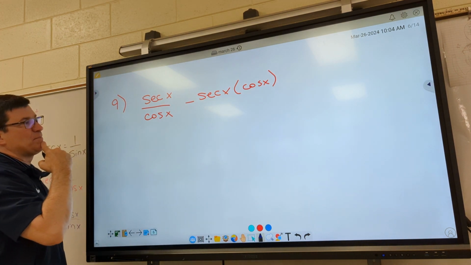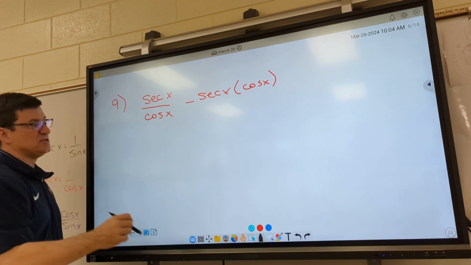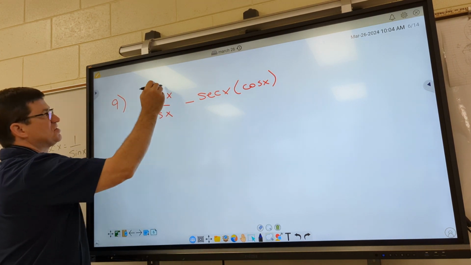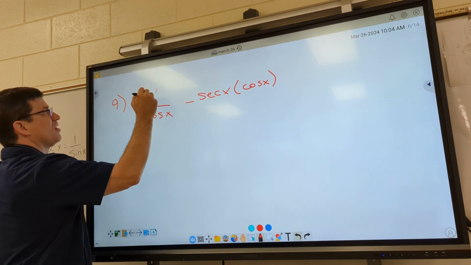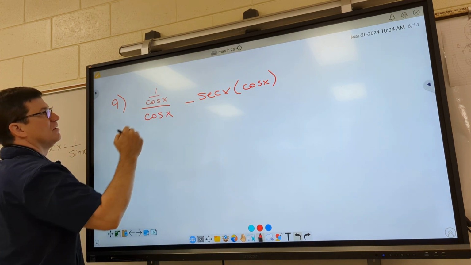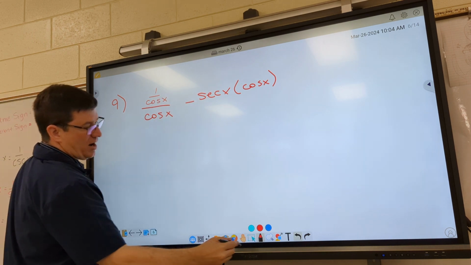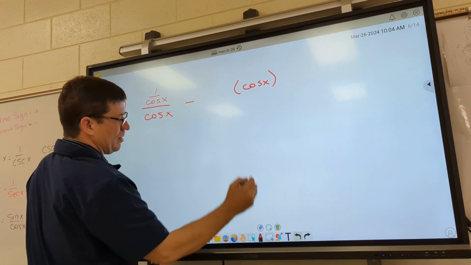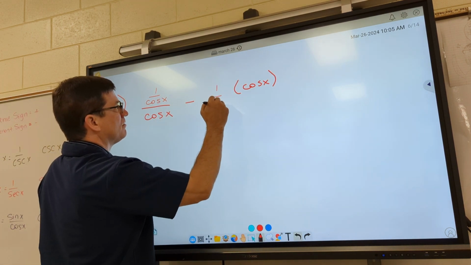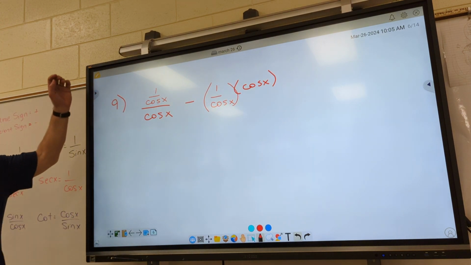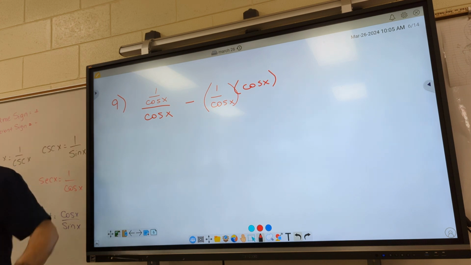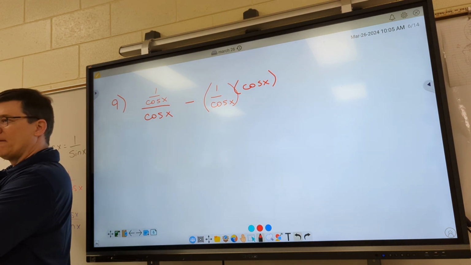All right, first step on 9. Let's change anything we can change. So I'm going to change secant on top, and I'm going to make it 1 over cosine. What else? I'm going to change this secant right here, and I'm going to make it 1 over cosine. All right, anybody got a question there? All I did was use my board and make my changes.